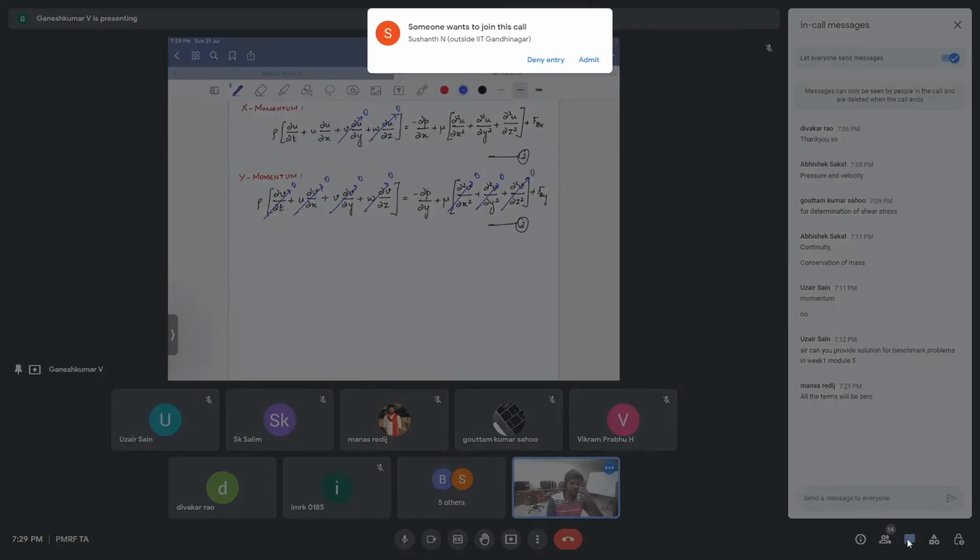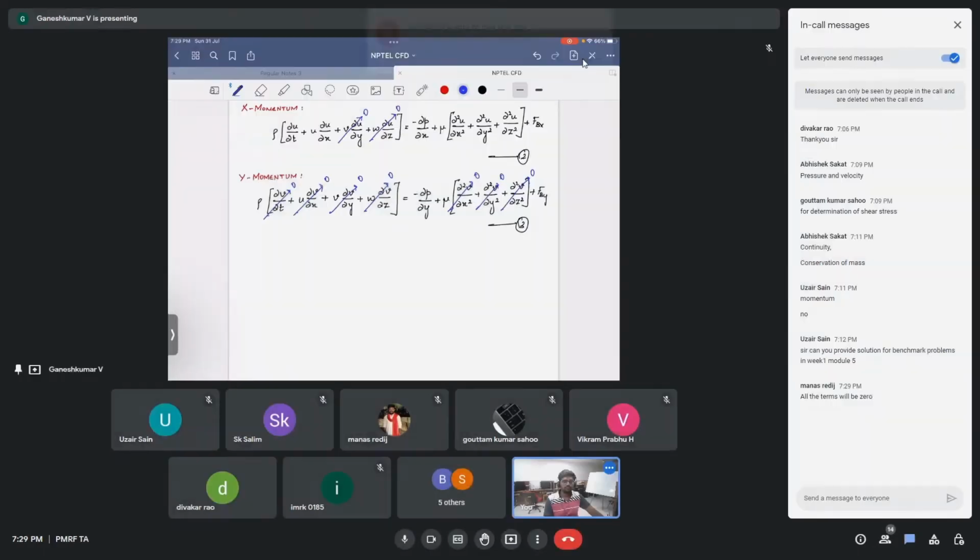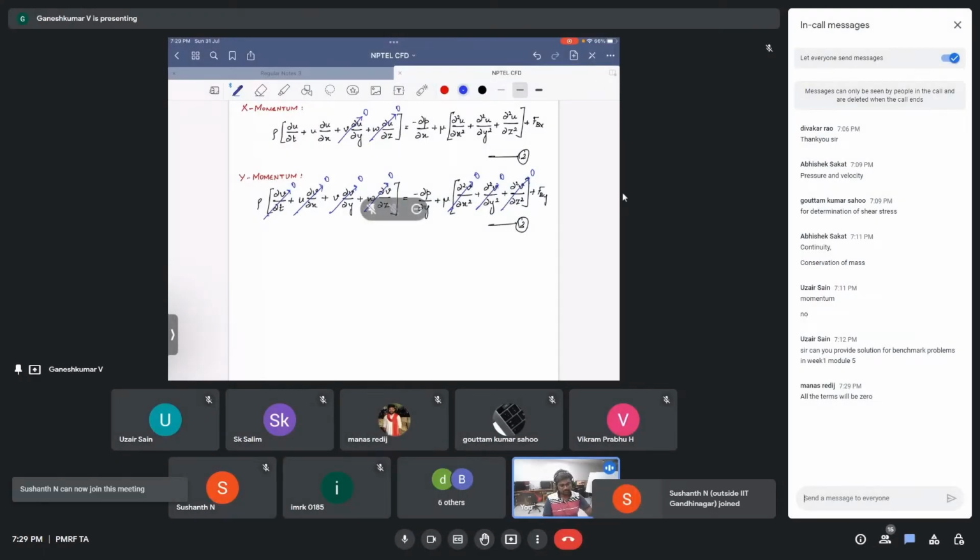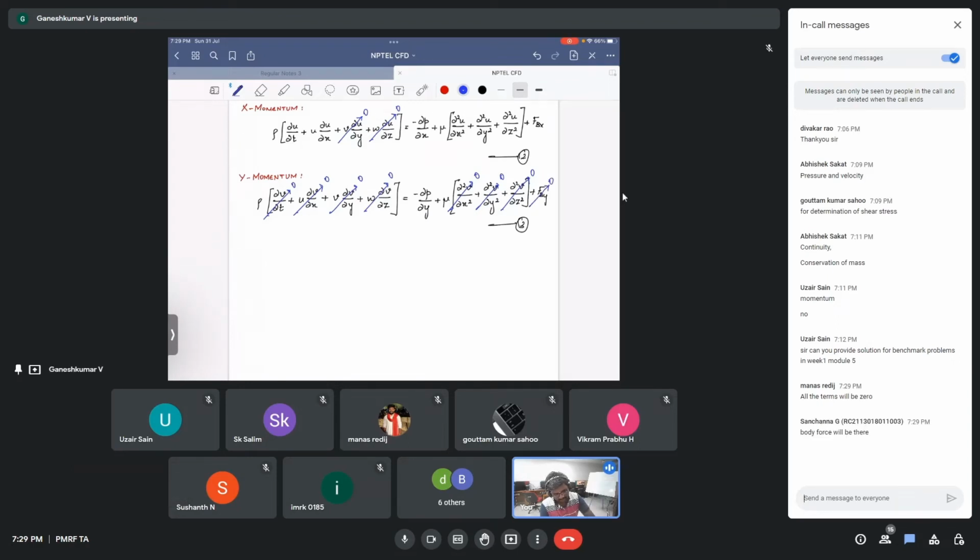We didn't say one thing: now we will consider the body force to be 0, but this pressure term is not yet 0. The pressure term doesn't go to 0. Body force will be there, true, but I'm assuming there's no body force. So that is one of the assumptions.